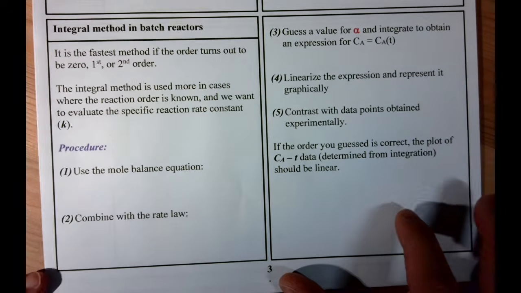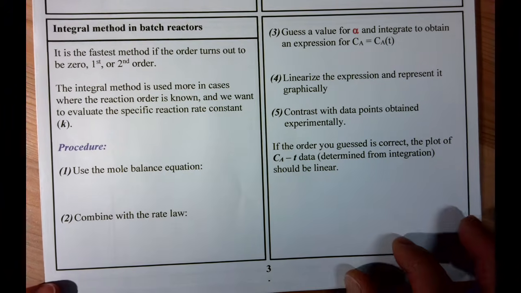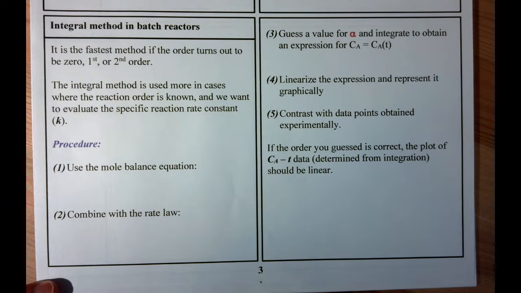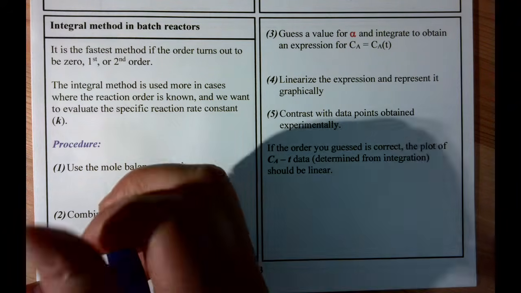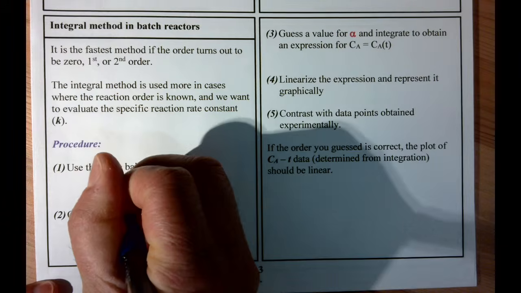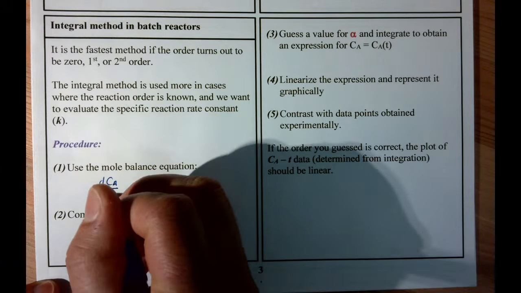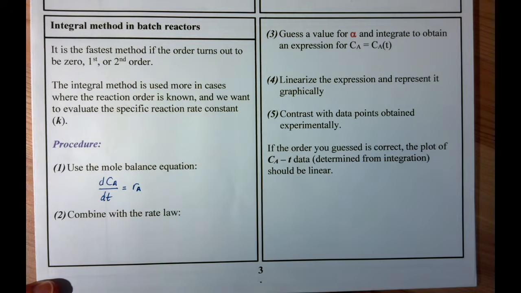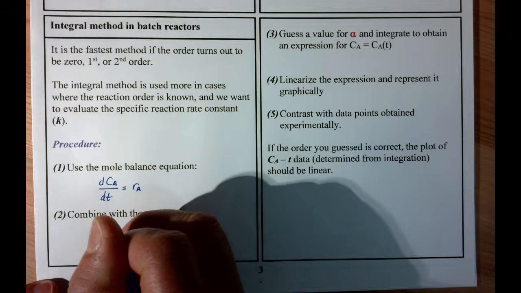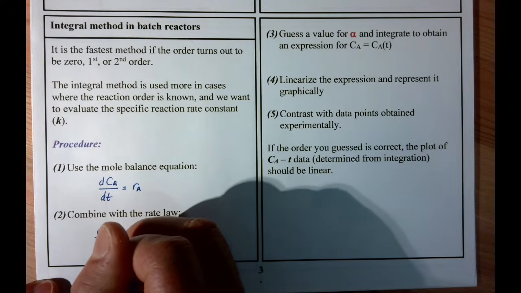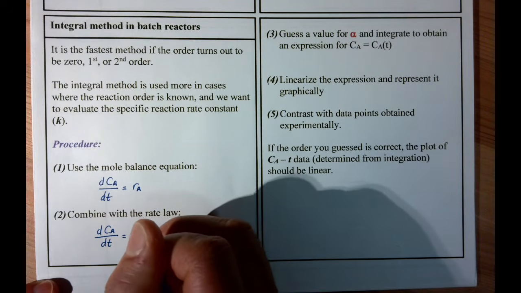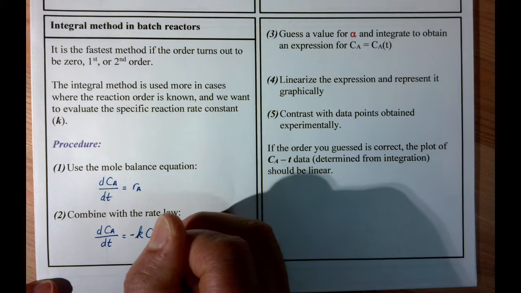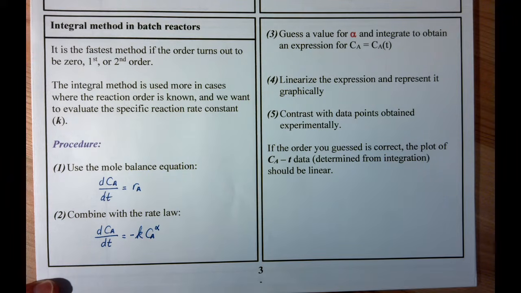So we'd start with the mole balance equation for the batch reactor. Remember, we have constant temperature and constant volume, so the mole balance equation in the batch reactor would be dCA/dt equal to rA. Now we would combine this with the rate law, same as we did earlier: dCA/dt would be equal to minus k times CA to the power of alpha.